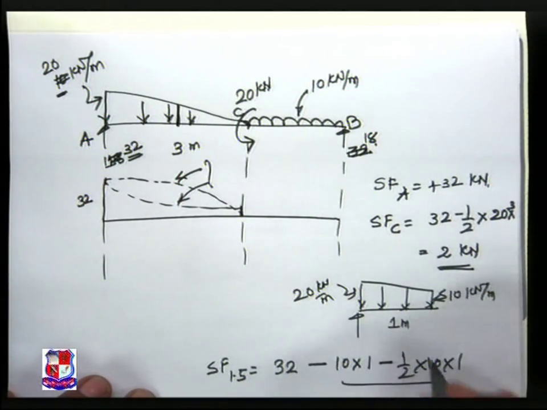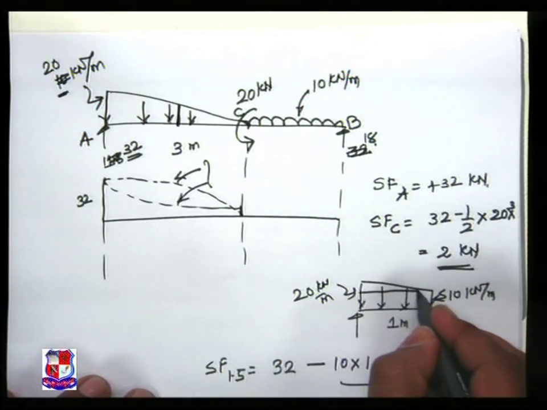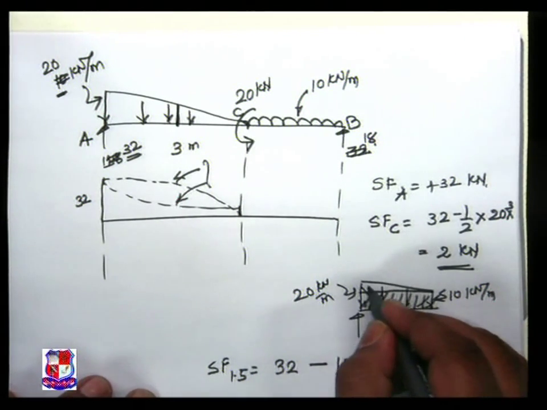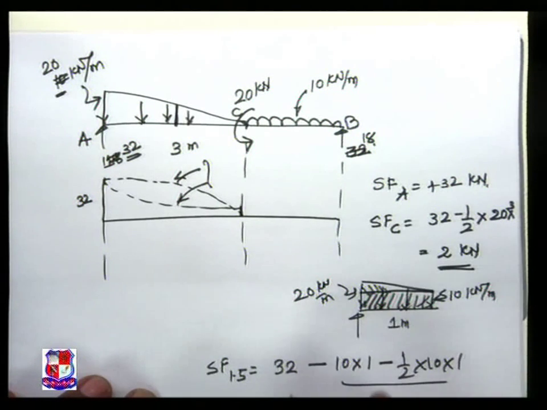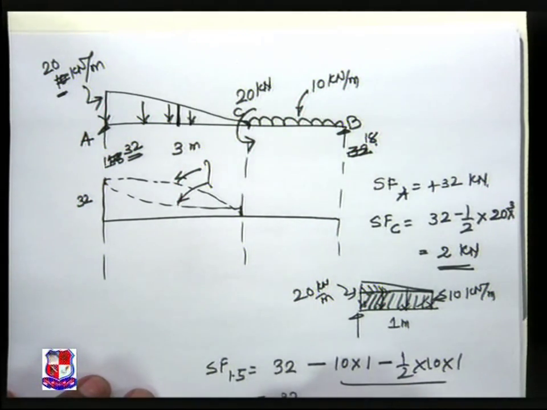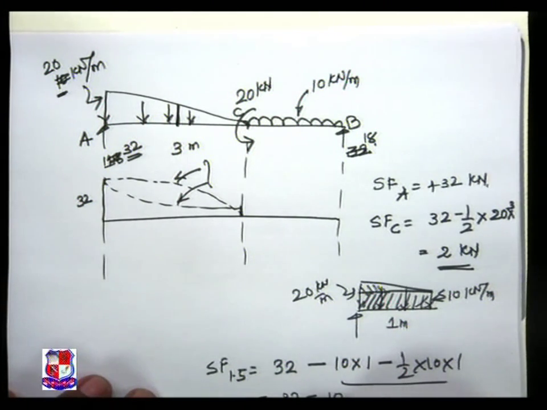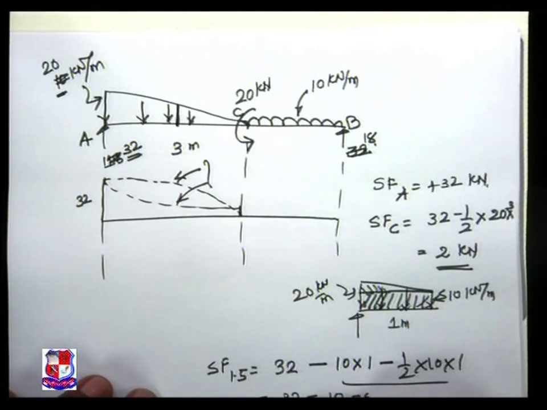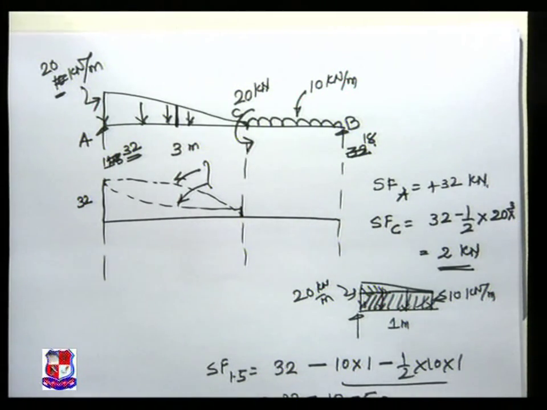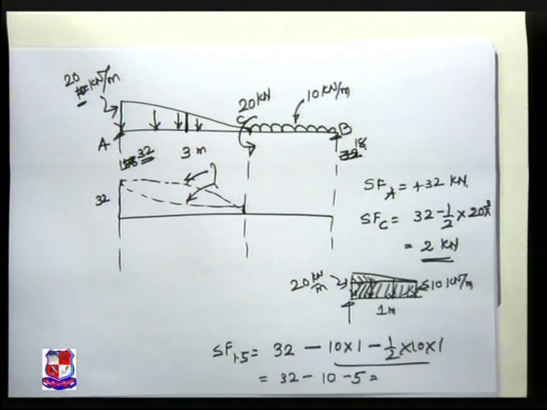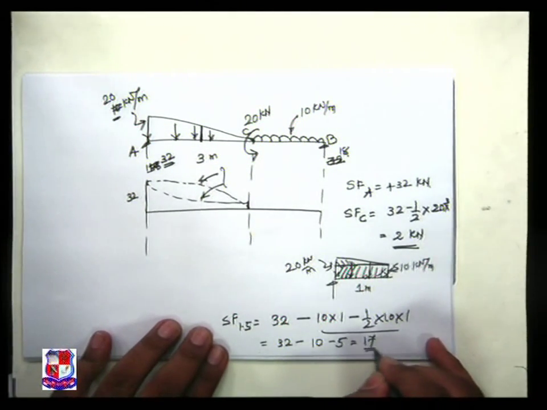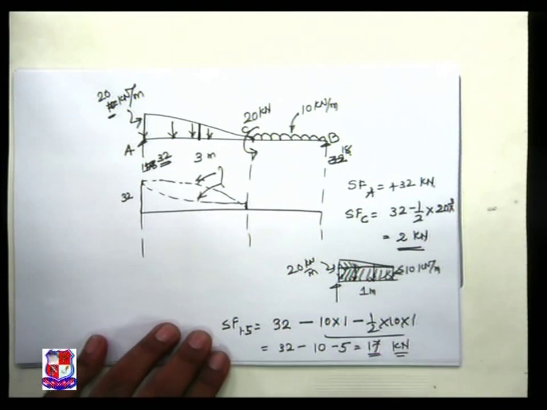What I did? I divided into two parts. This is the UDL. This part is of UVL. So finally I achieve 32 minus 10 minus 5, and that is nothing but 32 minus 15 comes to be 17 kilonewton.